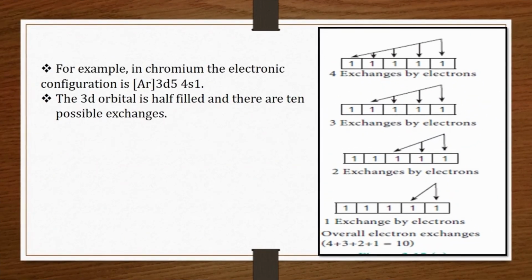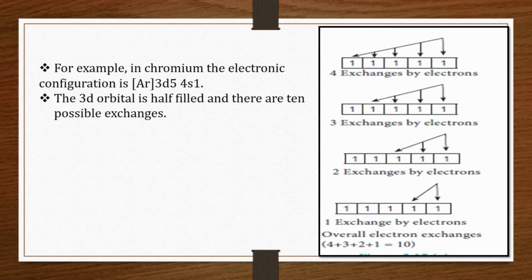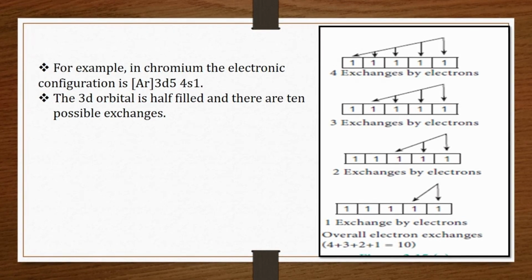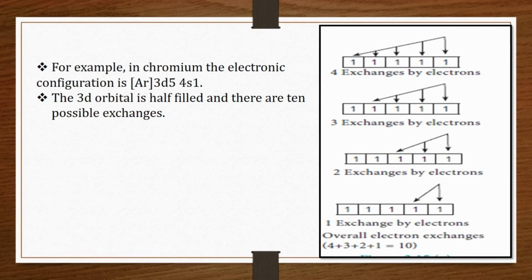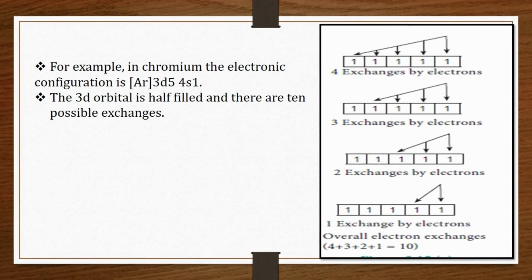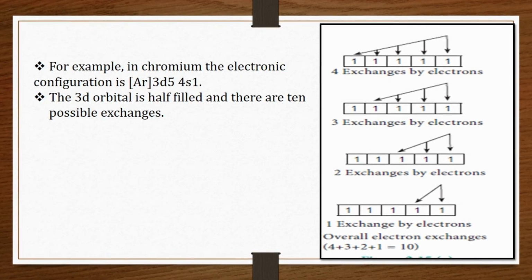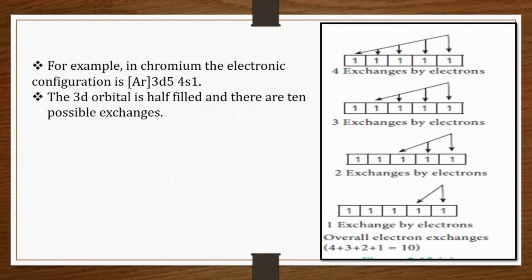Now let us come back to our original example of chromium and copper. Taking the concept of stability of half-filled and fully filled orbitals into account, we will try to write the electronic configuration for chromium and copper. First, let's see the case of chromium.